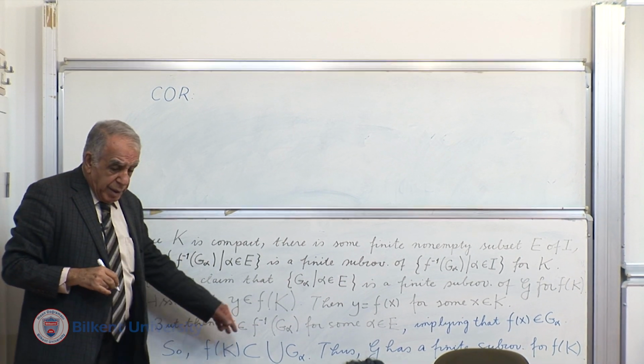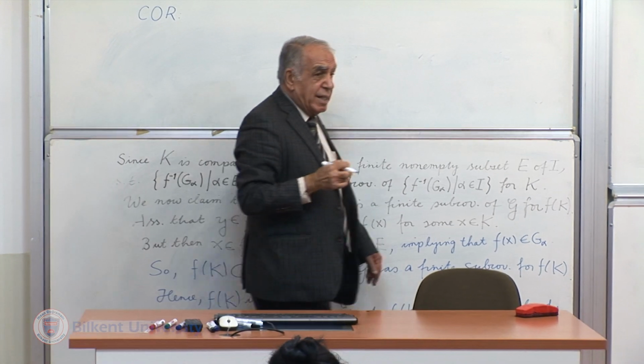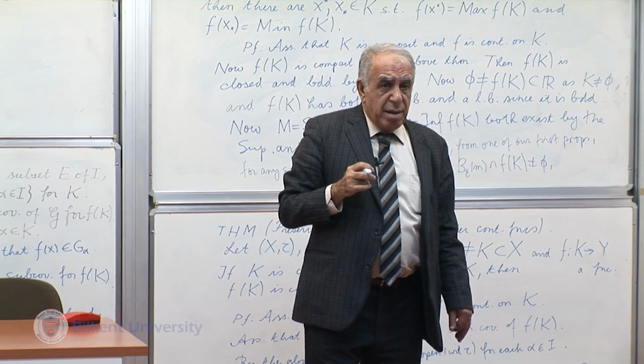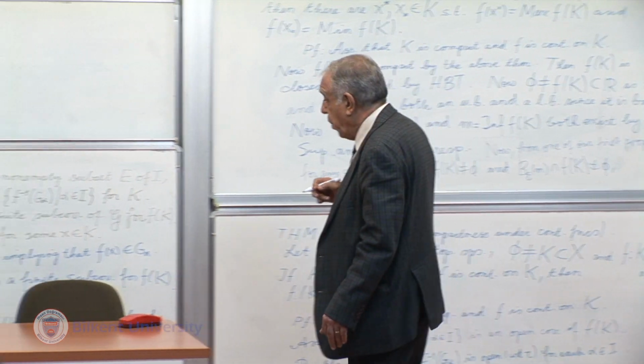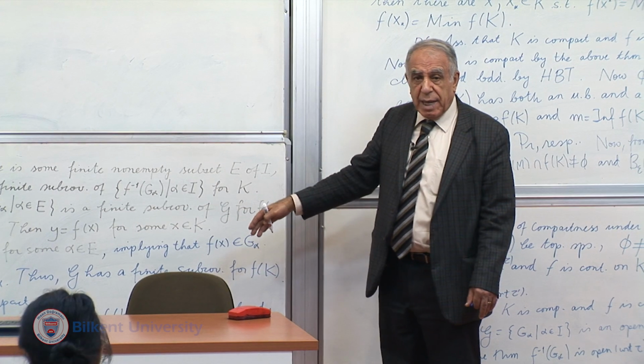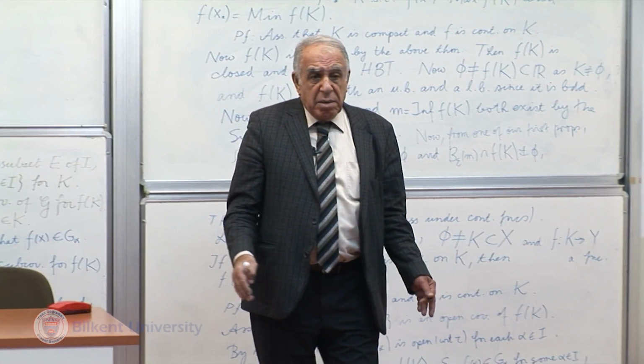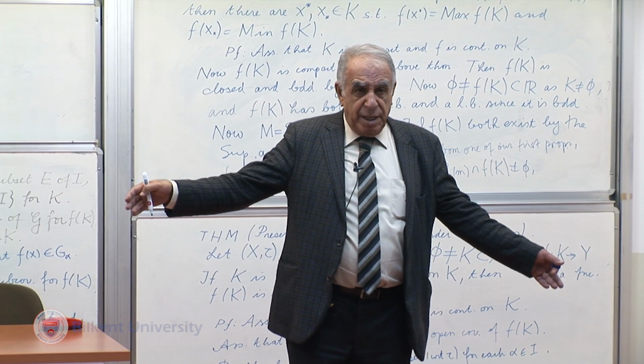Now, of course, we have shown the existence of maxima and minima. So there's at least one point x star such that f of x star is equal to max f of K. But it need not be unique.